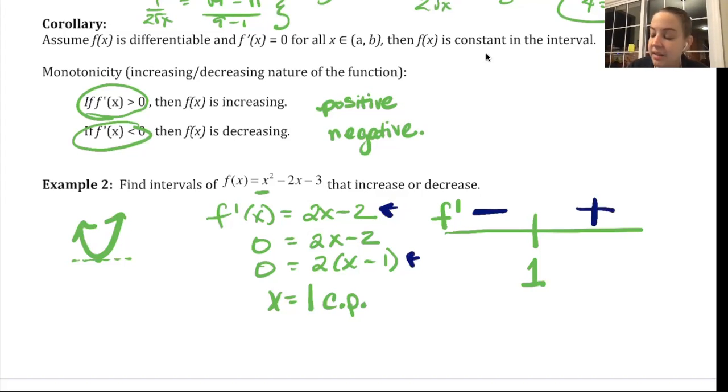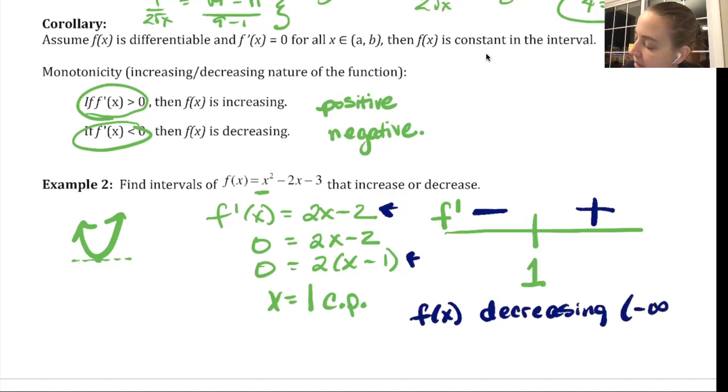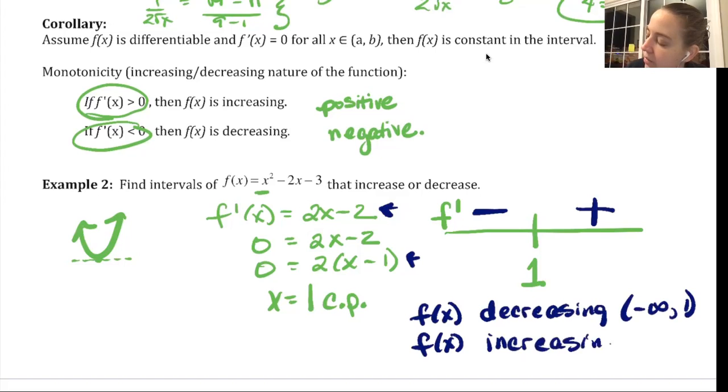So where it's negative, we say f of x is decreasing from negative infinity to 1. And we say f of x is increasing from 1 to infinity.